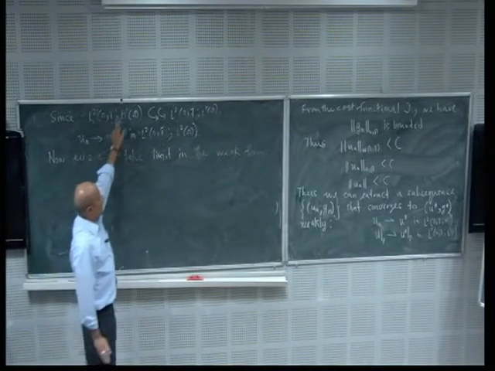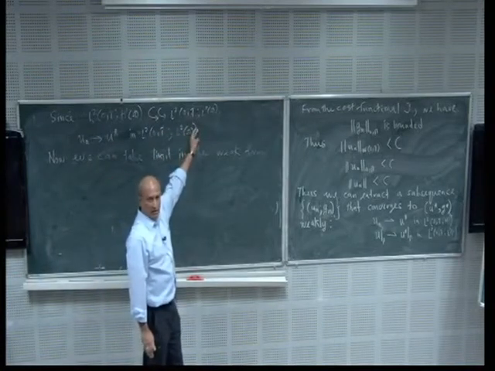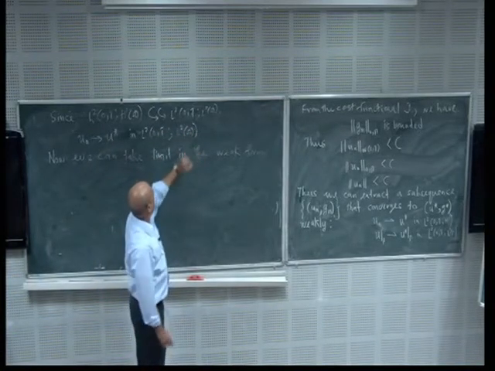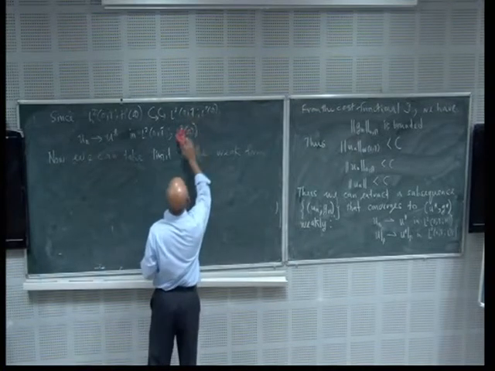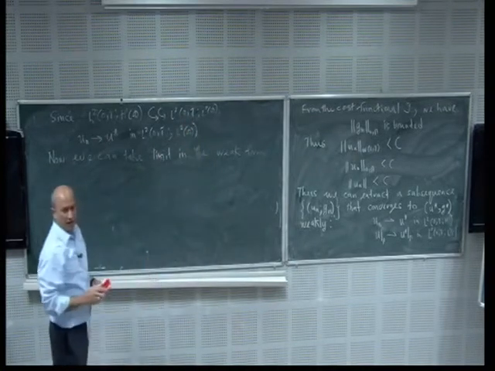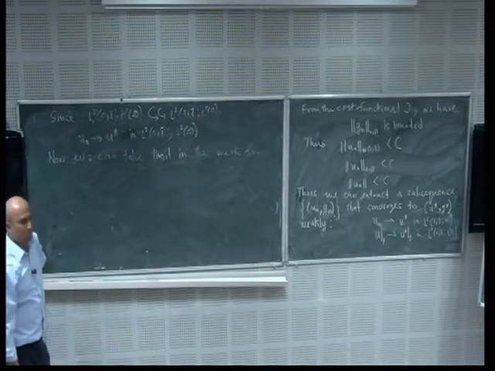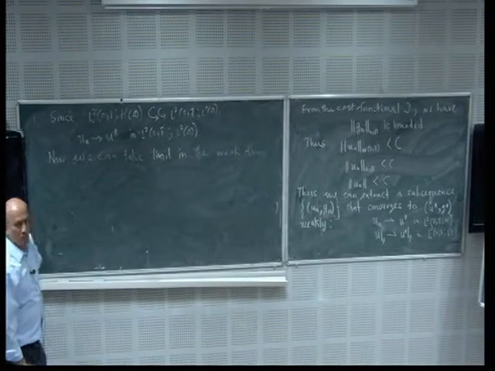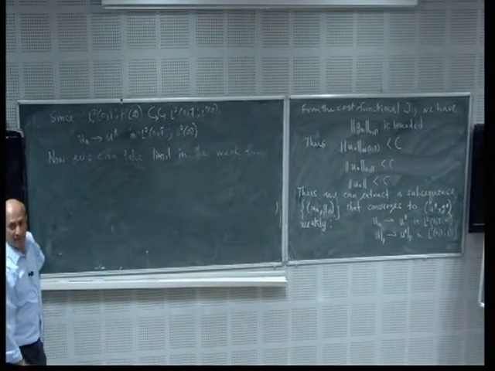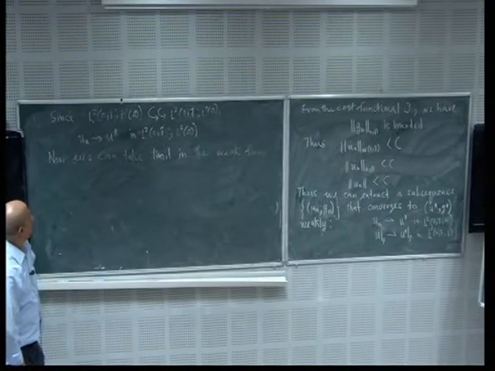It's embedded in L2(0,T;L2 omega). But what is on the left hand side? What is the double arrow? The double arrow is compact embedding. False. What is the space on the left? L2(0,T;H1) in L2(0,T;L2) is compact? It is false.